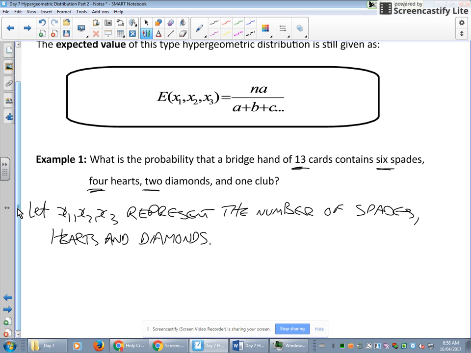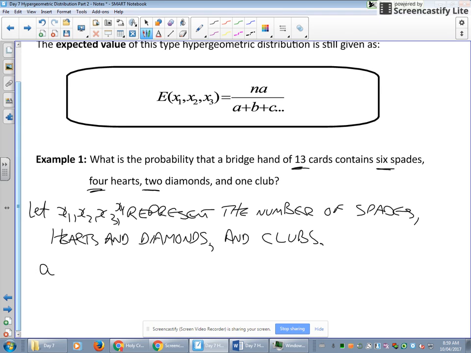Oh, and one club, thank you. So we need x4, for diamonds and clubs. Therefore our a, b, c, and d are going to represent the total number of each of those suits: the total number of spades, hearts, diamonds, and clubs.